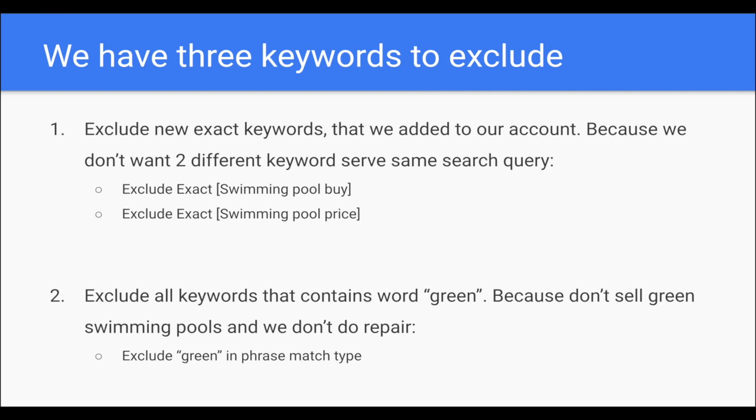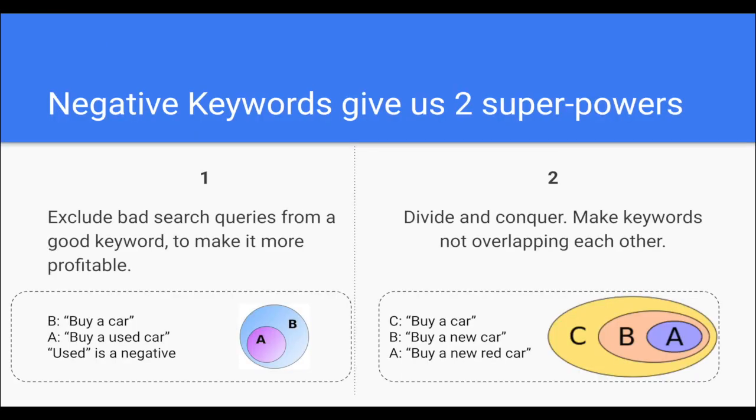You can also add, just as an example, the word why there. Because I don't know people that are looking to buy a swimming pool and start their search query with the word why. Why I don't buy a swimming pool? That doesn't make sense to me.